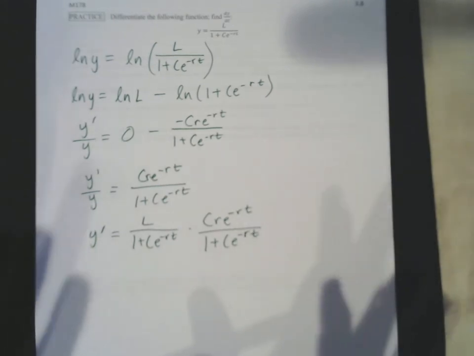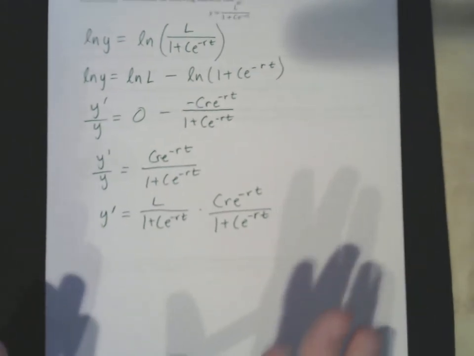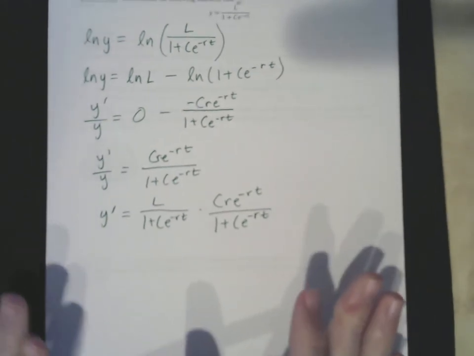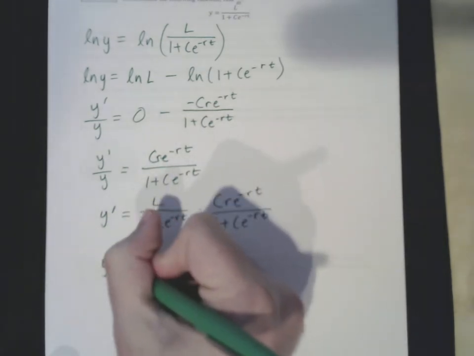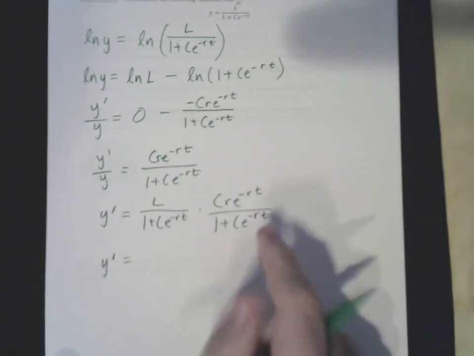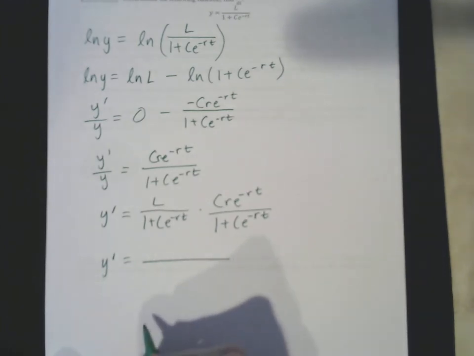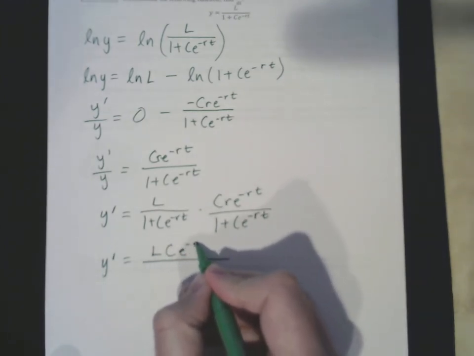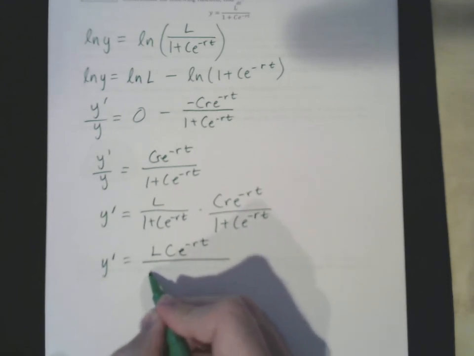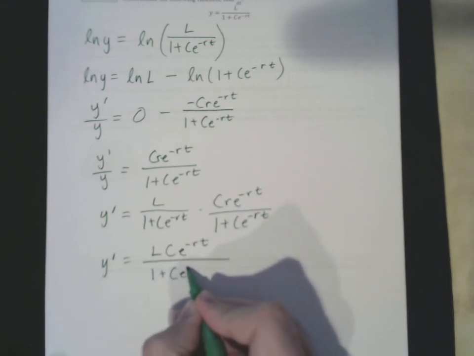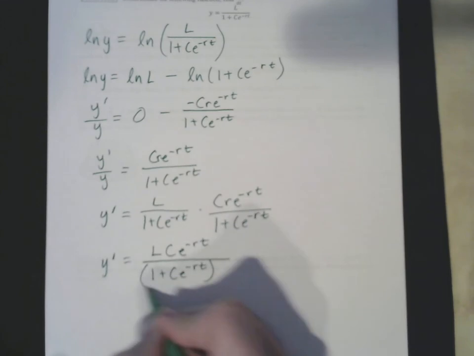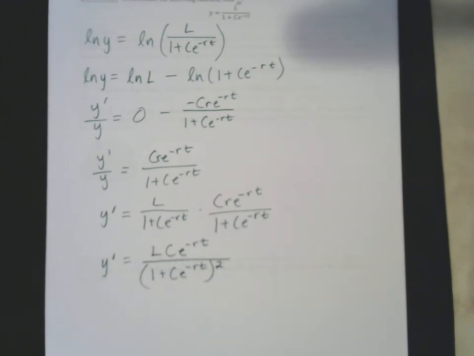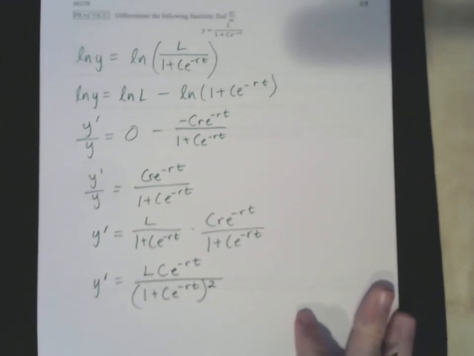Now this is fine, but remember we've done derivatives like this with the quotient rule. So if we do simplify, notice the denominators are the same. So this just becomes LCre to the negative rt over 1 plus Ce to the negative rt quantity squared.